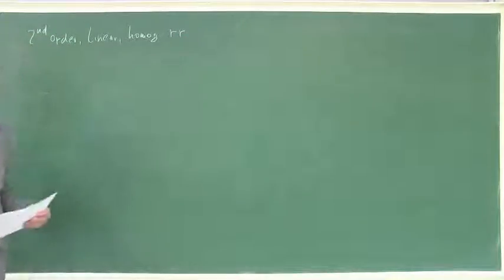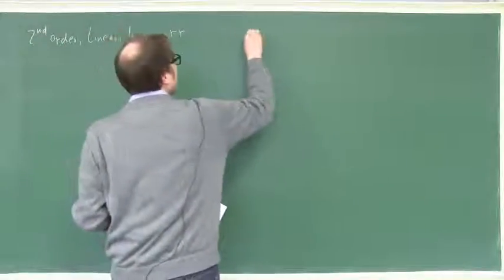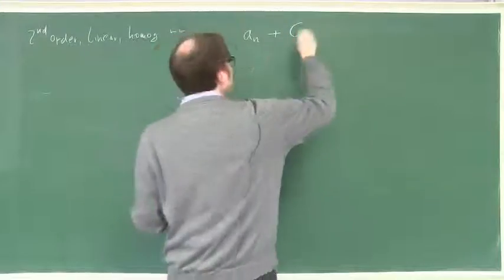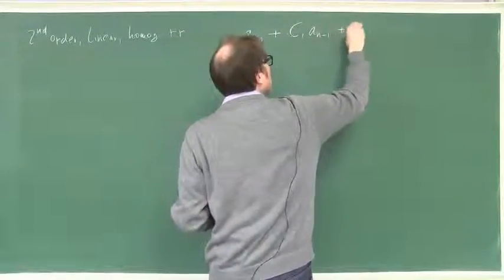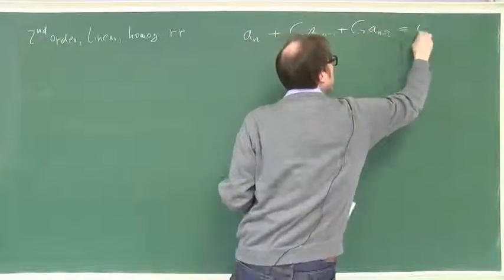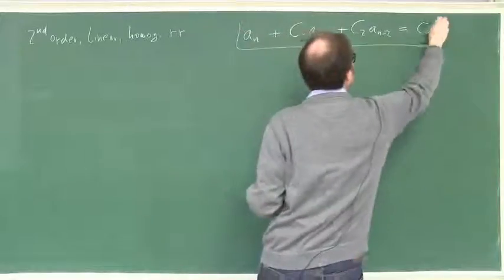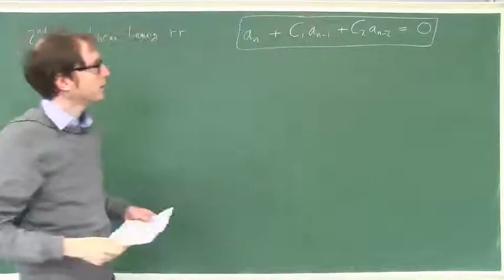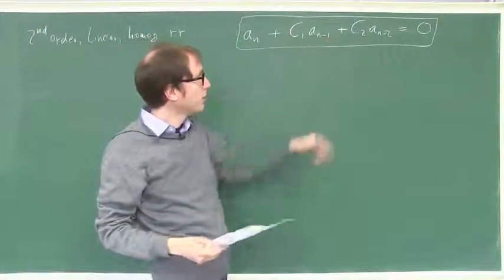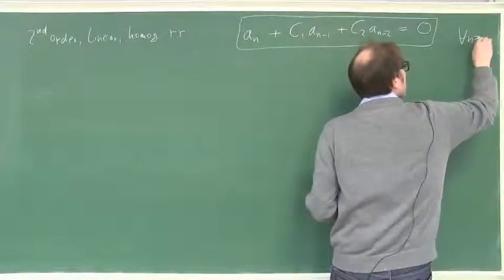So recurrence relation is often abbreviated as RR, namely the following one: a_n plus a constant c1 times a_(n-1) plus a constant c2 times a_(n-2), and so usually n should start from 2.